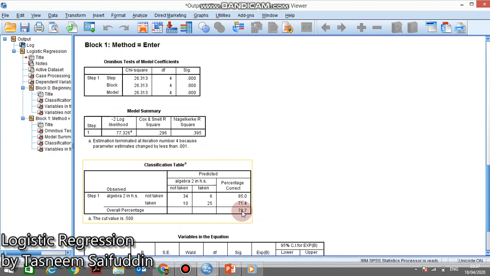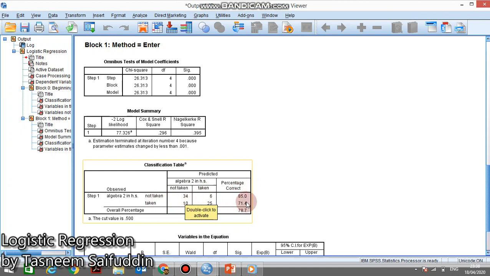This is again the classification table, and in the classification table, the overall corrected percentage was 78.7%. 78.7% says that they were predicted correctly. 34 divided by 40 are those students who are not going to take algebra, and 10 students are those who are going to take algebra.